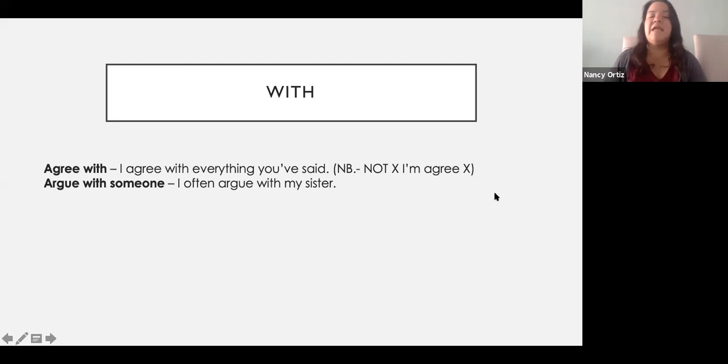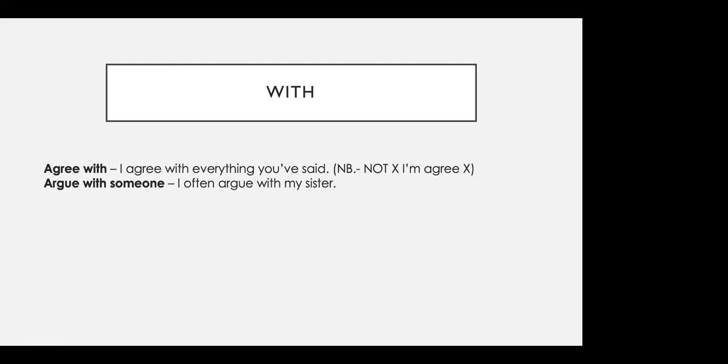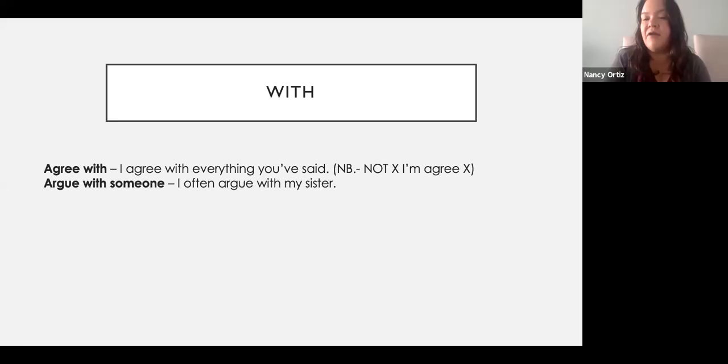Very good. In the case of agree, it's very important to note that between parentheses it says, I'm agree, which we never use, okay? It's very common to hear this mistake from students. I am agree. No, I agree. All right, super important. So you can agree with a person or with an opinion, like in the example, I agree with everything you've said, or I agree with you.